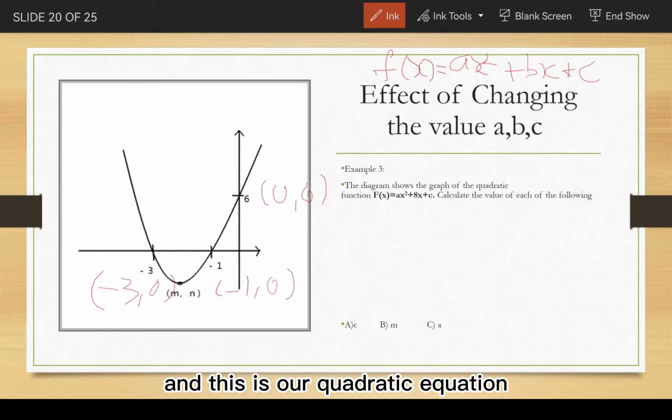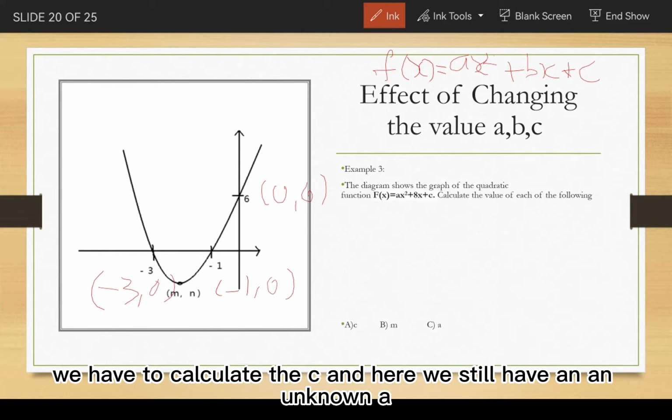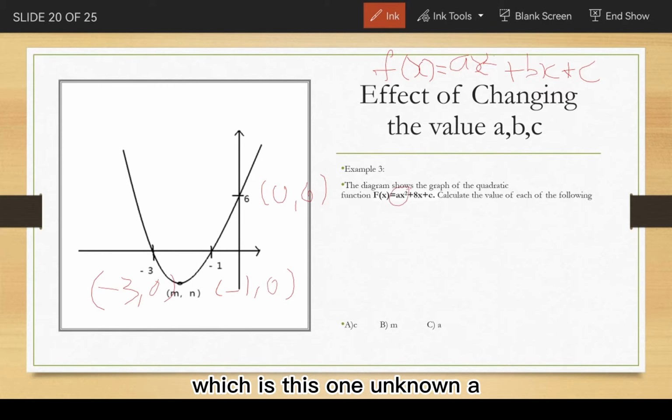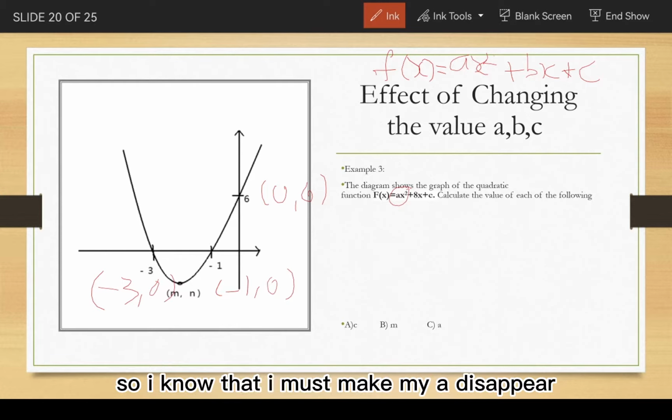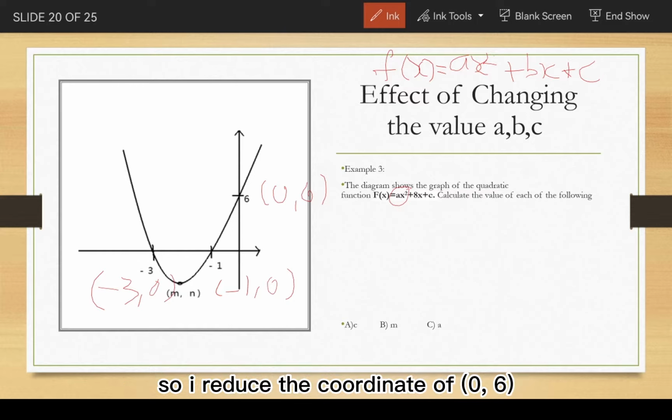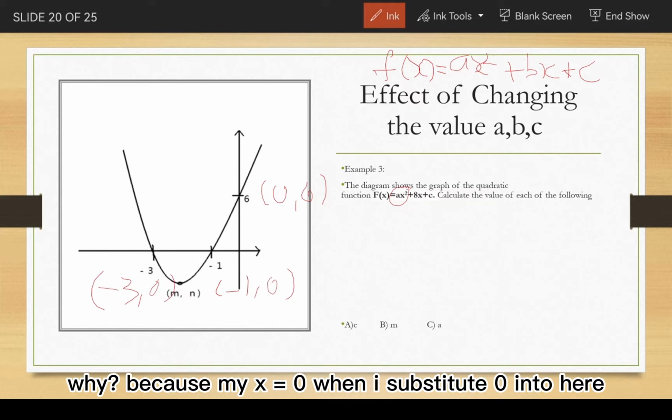Now we have to calculate c, and here we still have an unknown a. I must make my a disappear, so I will use the coordinate (0, 6), because my x here is 0.